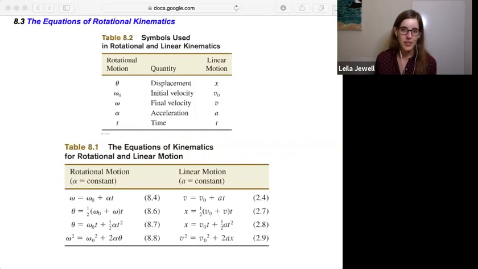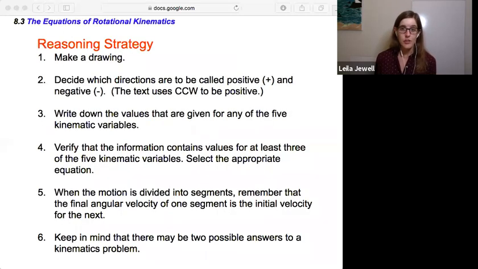Now, just as we had before, we can have a reasoning strategy for rotational problems, a procedure, if you will, of steps to follow. So first off, make a drawing, because drawing is always our first step in solving problems, and it really helps to highlight things that you may not realize that you actually do know. You also want to decide which directions are to be called positive and negative.